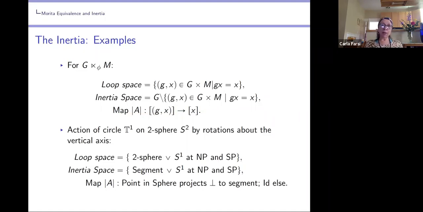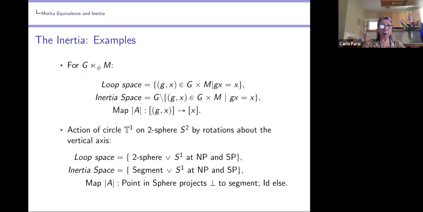Then the map A brings the class of the pair (g, x) to the class of x. There is also another map that brings (g, x) to the class of g, which we are going to use in some other constructions that perhaps we'll get to. There is still 20 minutes, I might get to that as well. So there is this map, absolute value of A, and there's another map that instead projects to the first coordinate.